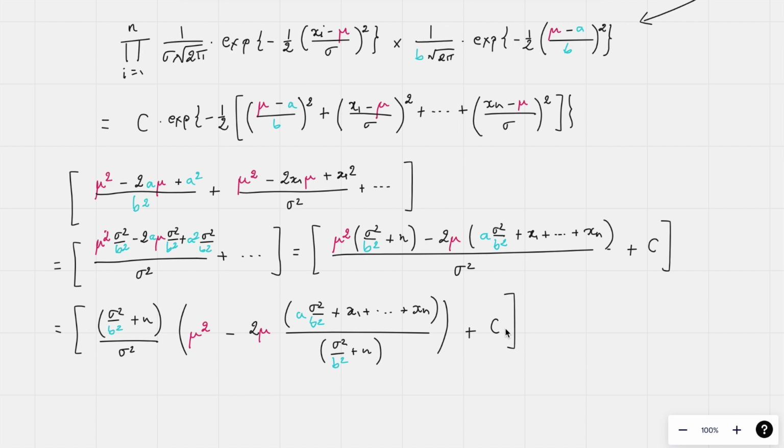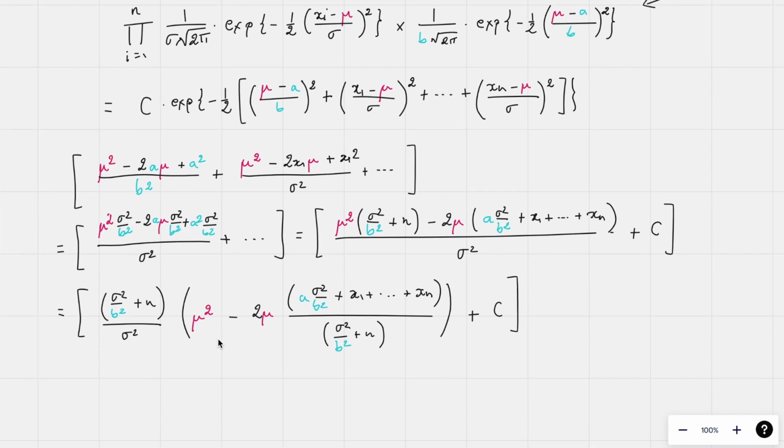So I now have this expression here, which I remind you is what is between these square brackets that are here and that are themselves within an exponential. And the reason why I'm writing it this way is because I would like to express this as a square. And I'm getting close to that here because I'm almost done.